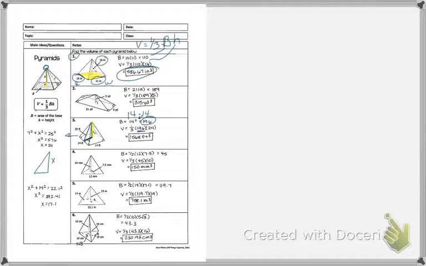This is the piece we need. We know this is 25, and we know that this is halfway. So what's half of 14? 7. Plug those in, and you solve for your height, 24. Bam.